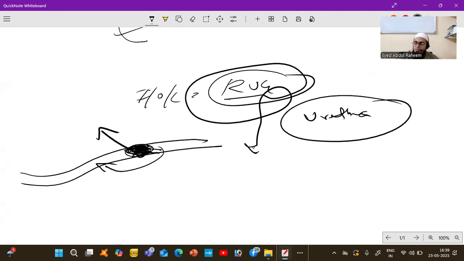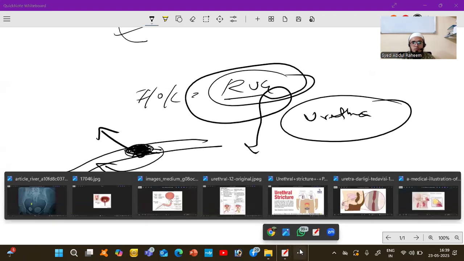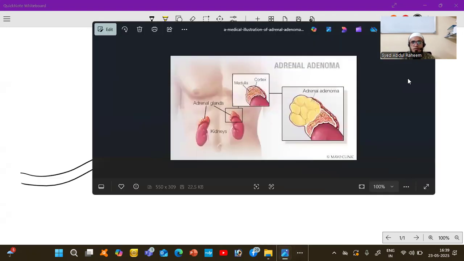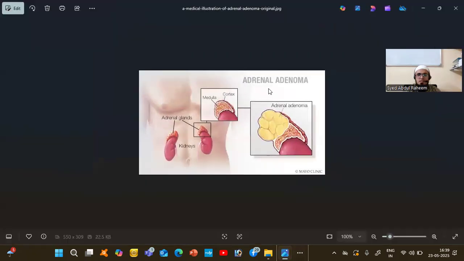Next we have another problem that is very common, that is adrenal adenoma. The adrenal gland is above the kidneys. We know that it is like a cap of the kidney.